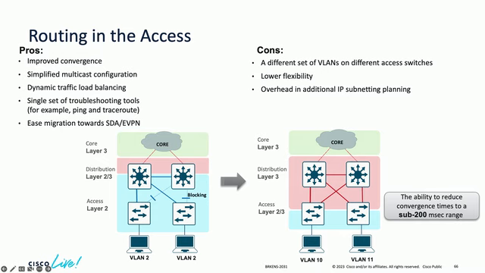And if we migrate our network to routed access, we are just one small step from being ready for implementing more advanced concepts like SDA, EVPN, and other overlay services, which can help us achieve stretched VLANs if this is our desire. Of course, we have to be aware that there are some difficulties with this model, and I'm not trying to hide it. We are losing flexibility in direct configuration, and we have some additional overhead in IP subnetting planning in such a situation.